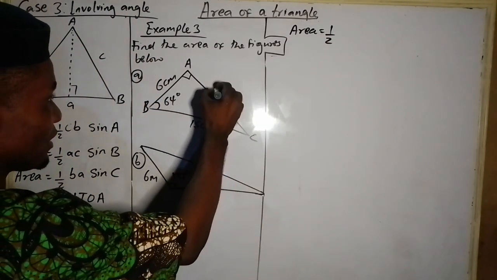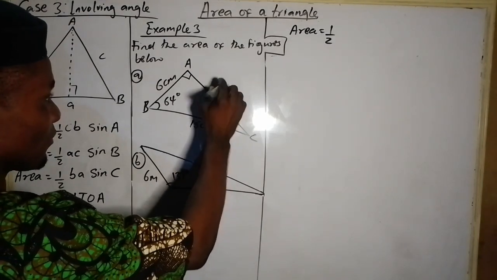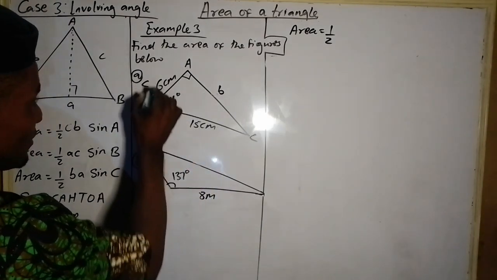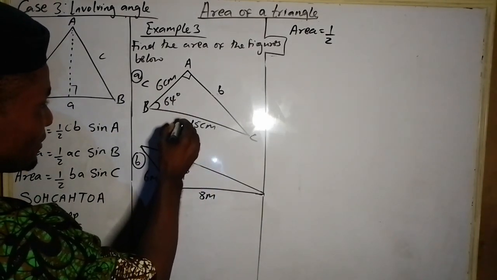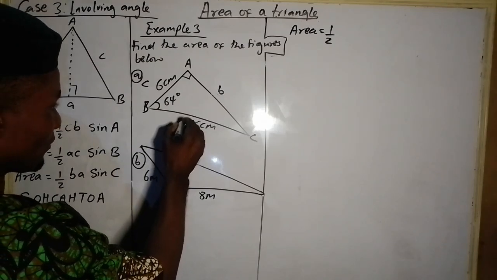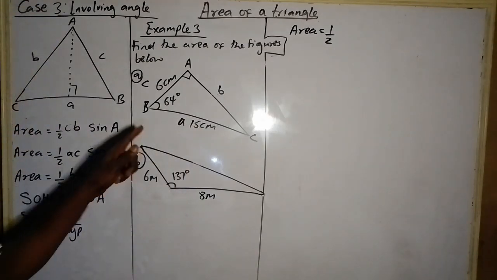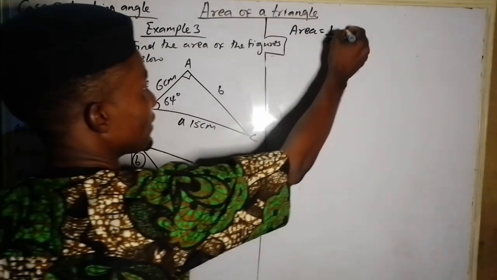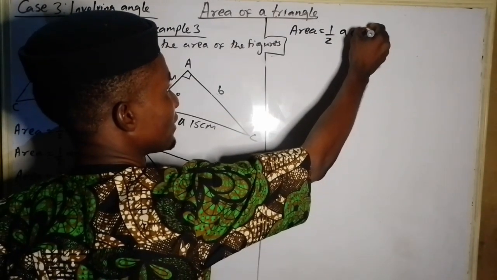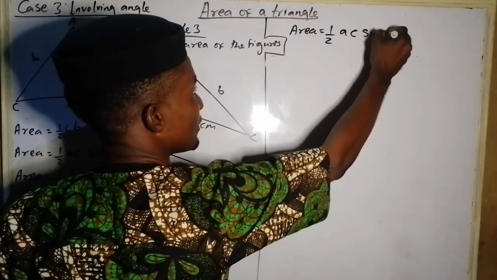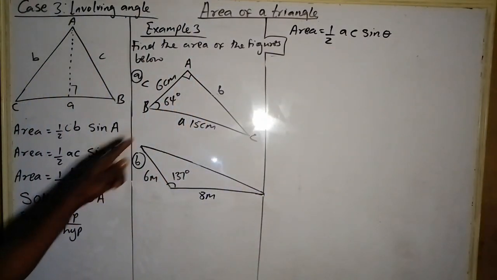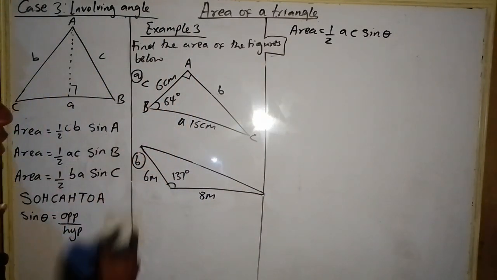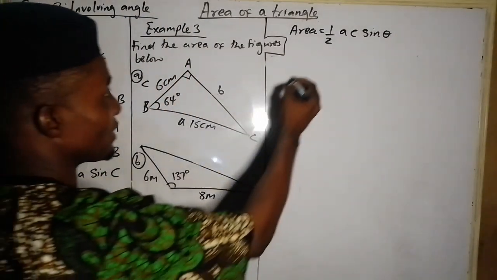This is side B, this is side C, this is side A. So for our B now, our sides are A and C, sine theta, because our angle is given at B.